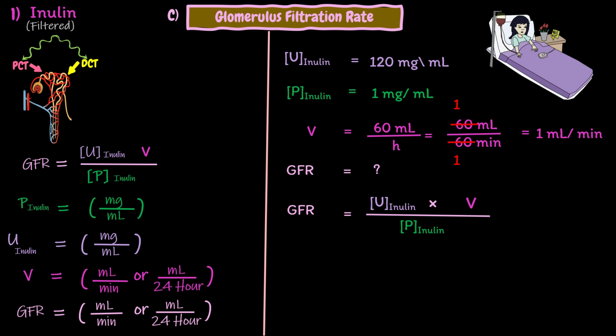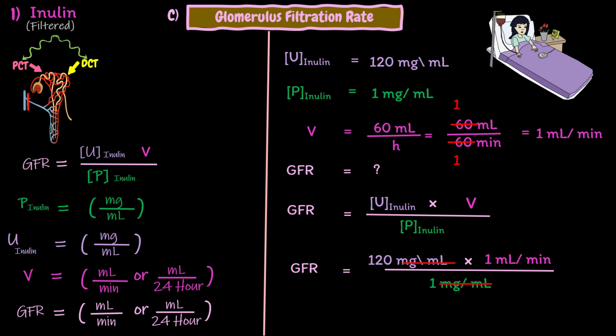Glomerular filtration rate equals U times V divided by P. Now putting the values in the equation. Inulin concentration of urine is 120 mg per milliliter. Urine flow rate is 1 milliliter per minute. Plasma concentration is 1 milligram per milliliter.